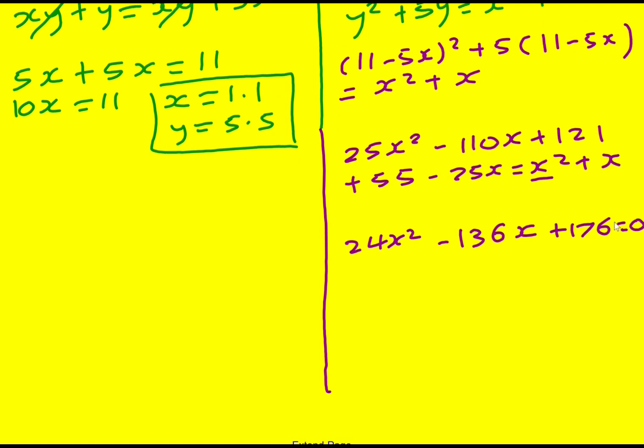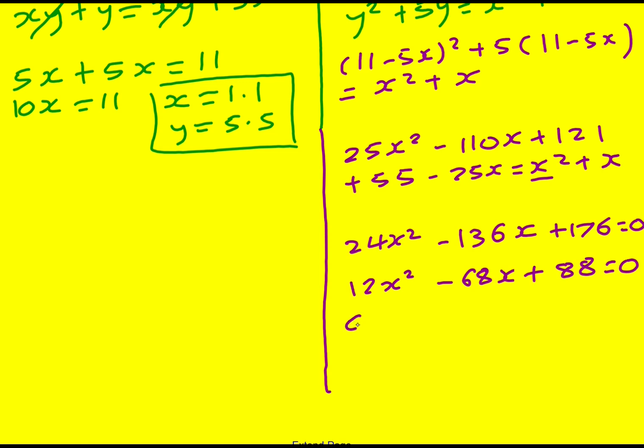Right, before we try and solve this quadratic, let's divide by any common factors. You can try and divide through by the highest common factor, or actually, you can just divide through by any common factor to start with, and 2 is a good shout. So 24 is quite easy to divide by 2, 136 halves to 68, and 176 halves to 88.